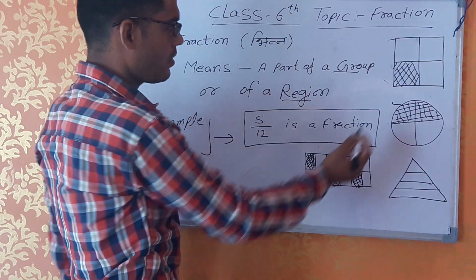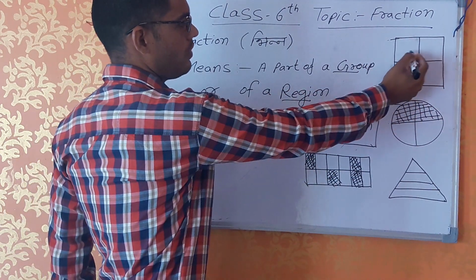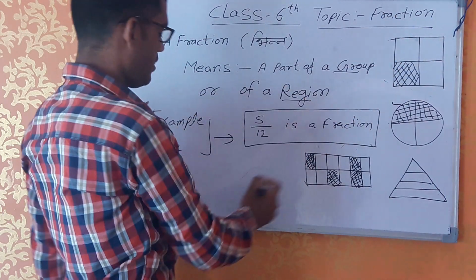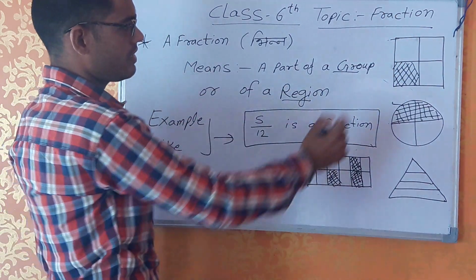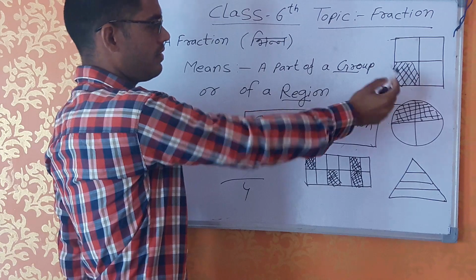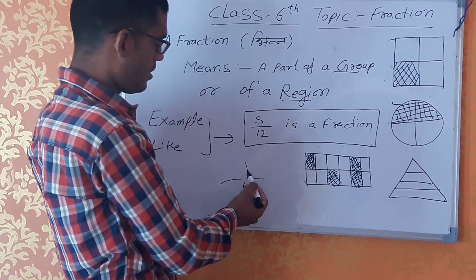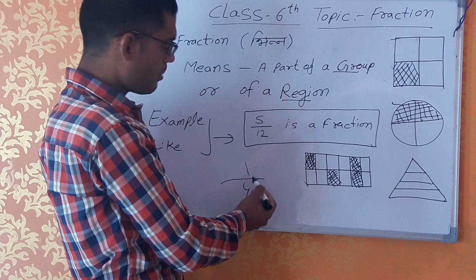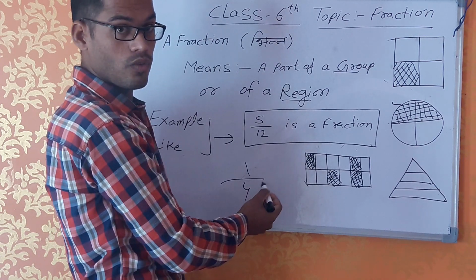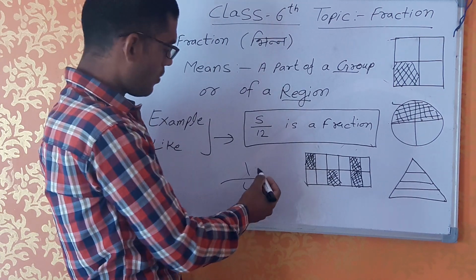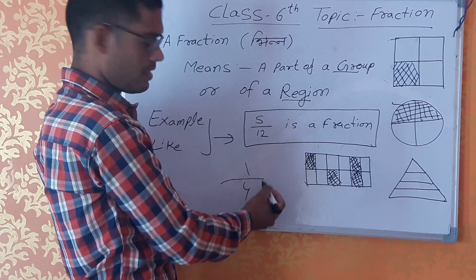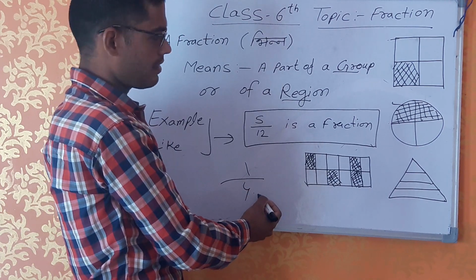Total groups are 1 2 3 4, total boxes are 4. Shaded part is 1. So we read it as 1 upon 4, 1 by 4, or 1 oblique 4. 1 is the numerator and 4 is the denominator.